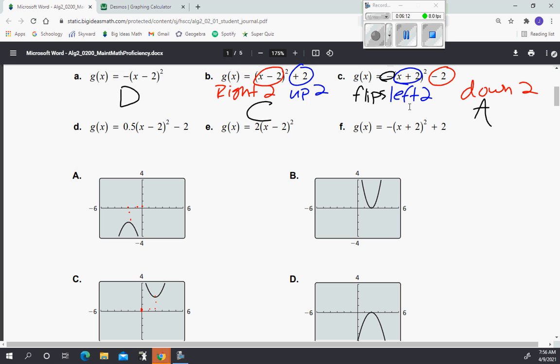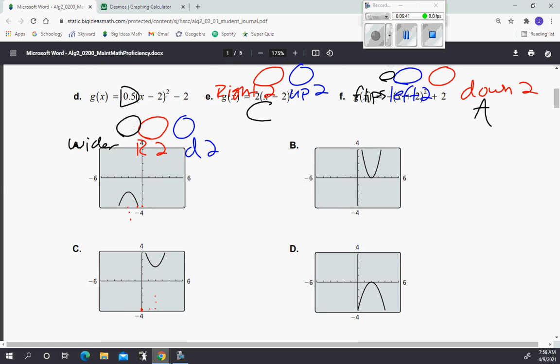How about G? This moves it right 2, so I'm going to say R2. This moves it down 2. And it's 0.5. Does that make it wider or skinnier? Makes it wider. Where do you see right 2, down 2, and wider?